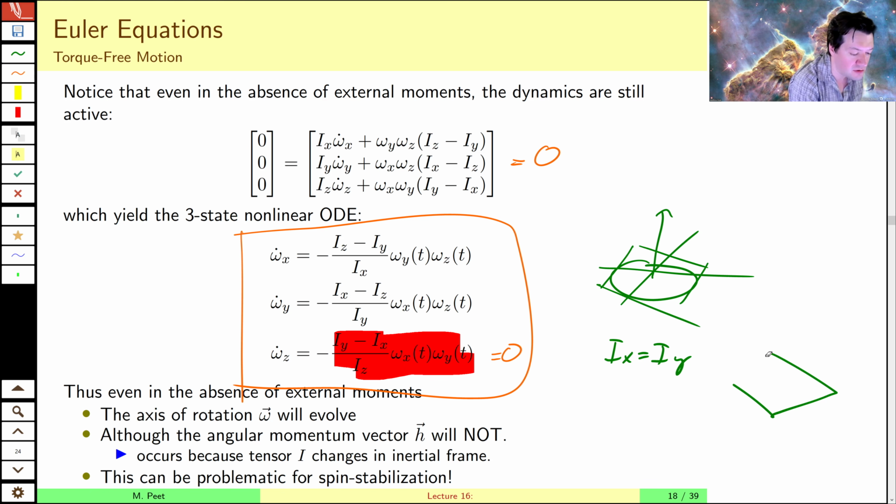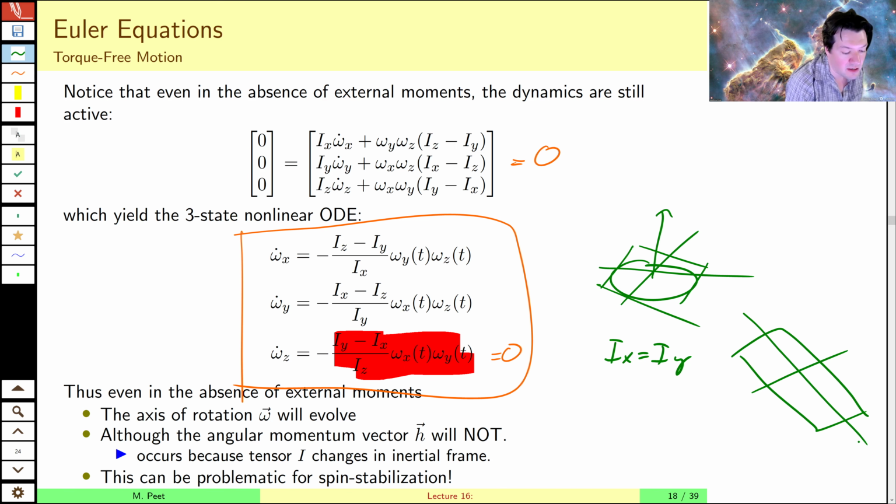Right, this is the case where you've got, say, a spacecraft that looks like this. Well, that's actually not a good one. It's too much symmetry. So take a spacecraft that looks like that, it has two planes of symmetry. Well, if I draw it like this, but Ix does not equal Iy. So we're going to consider instead ones that, well, they can still be flat, so let's make them flat.